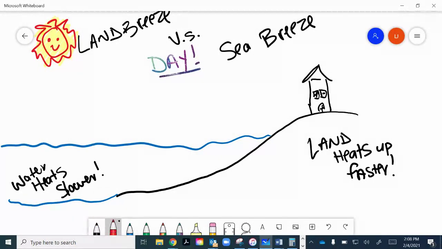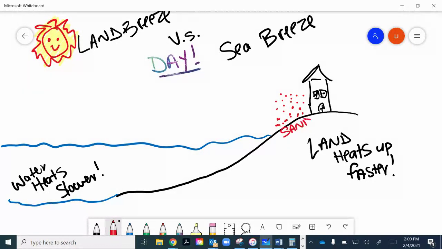On the land, we're going to have all these little air particles right here on the land. These are air particles. And as the sun begins to heat up the day, what happens is the sand below it is hot.